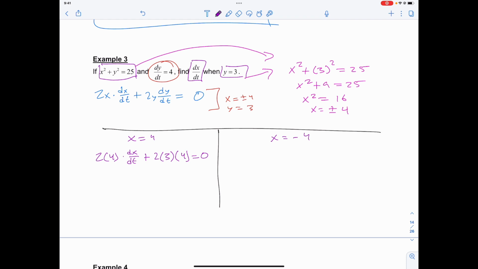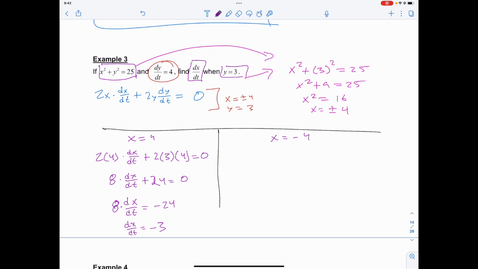Which means that 8 times dx over dt plus 24 is equal to 0. Eight times dx over dt is equal to negative 24. And in this case, dx over dt is equal to negative 3.